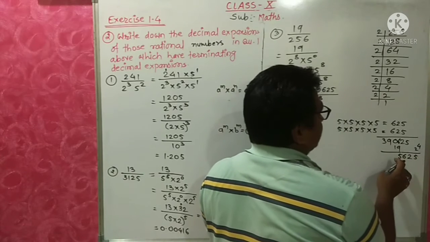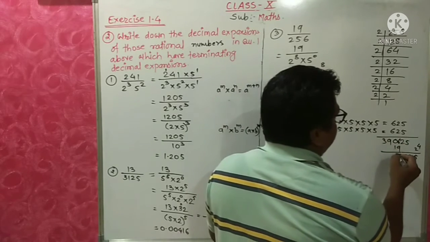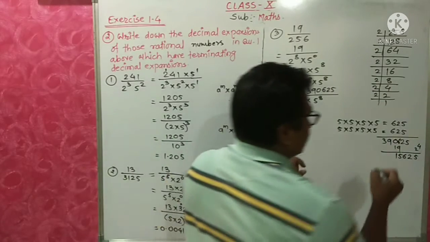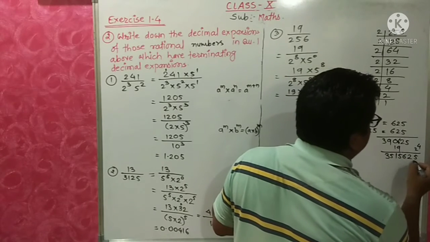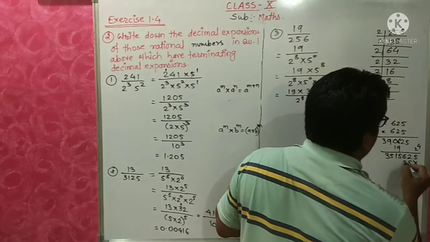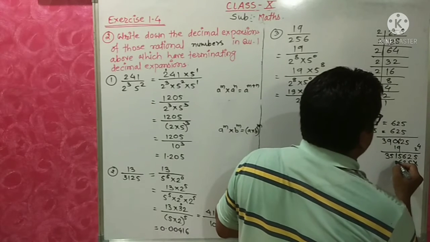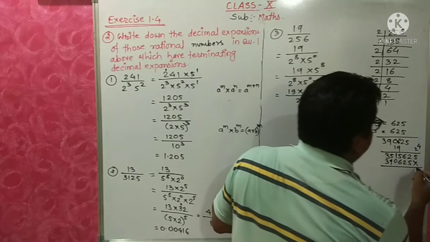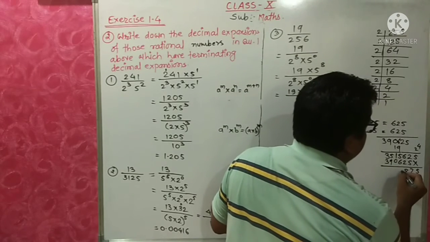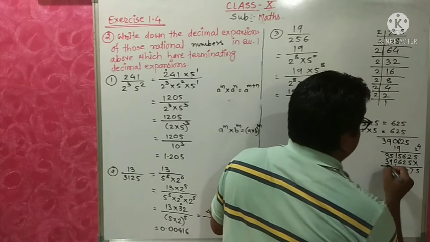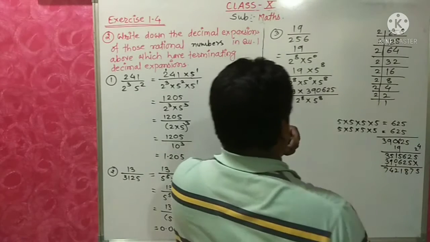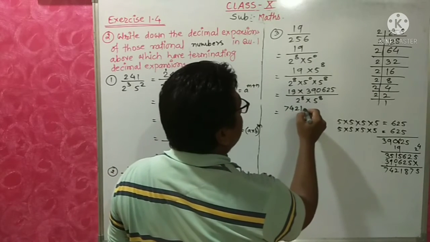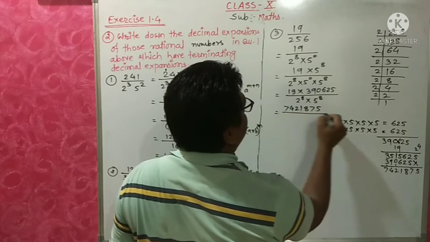Here 0 is there, so 56, 2. 9 9s are 81. 9 3s are 27 plus 8, 35. So what we got? 7, 4, 2, 1, 8, 7, 5.